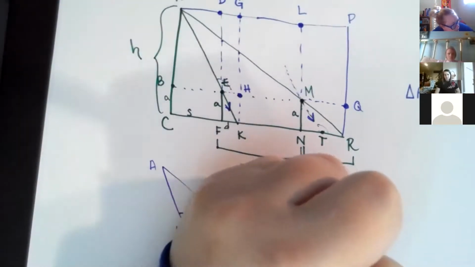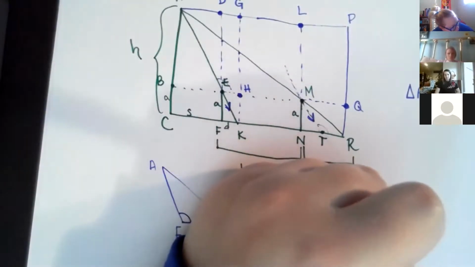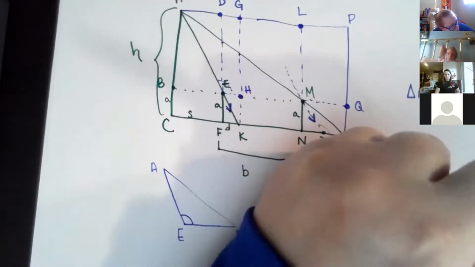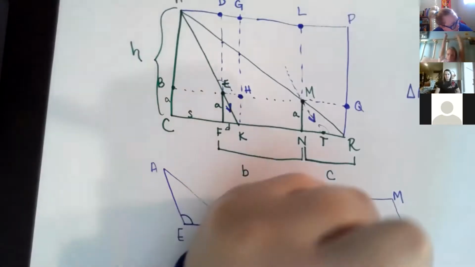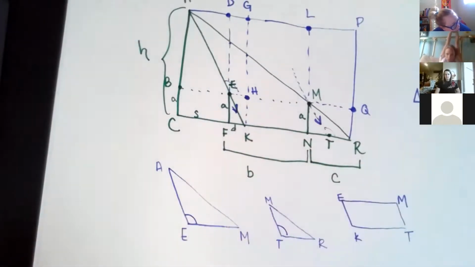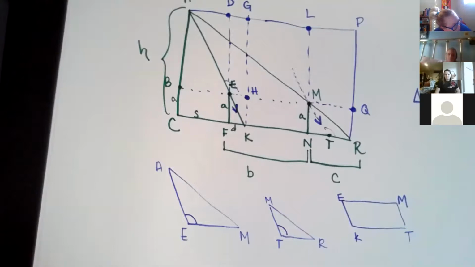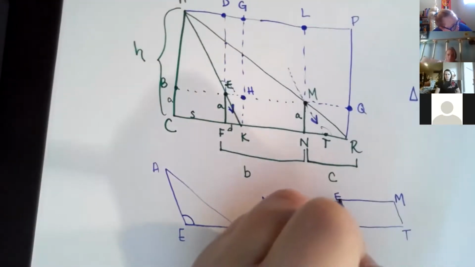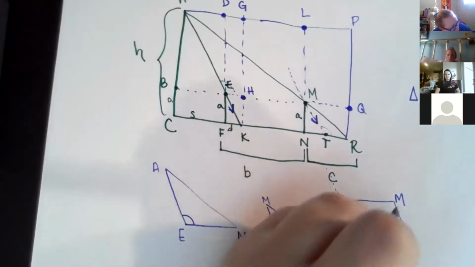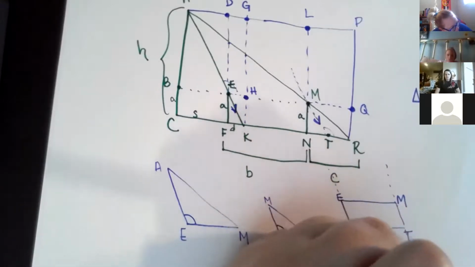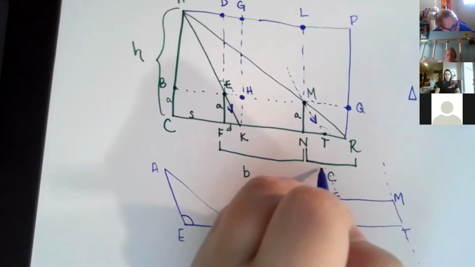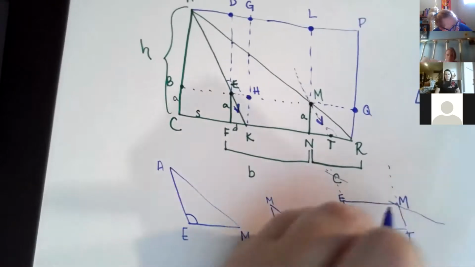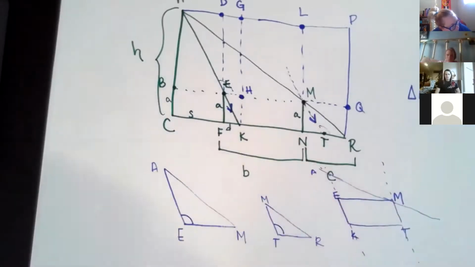Because I'm looking at, so there's EMKT, right? And then AM would be a transversal for those, right? So there's A out here.